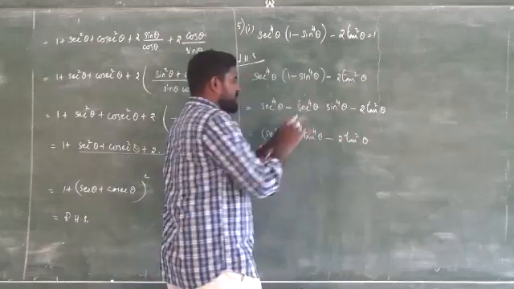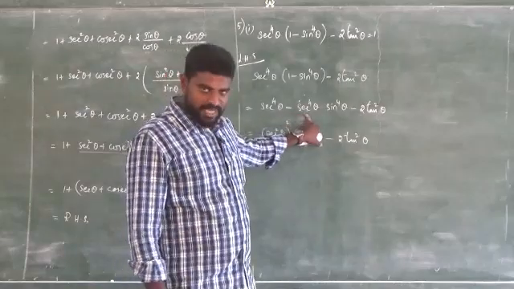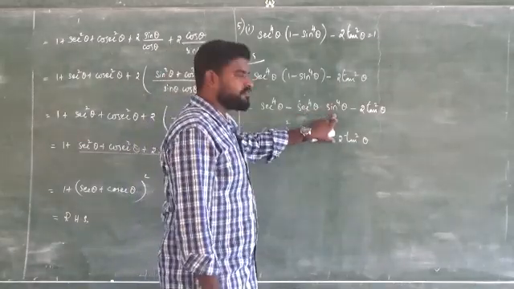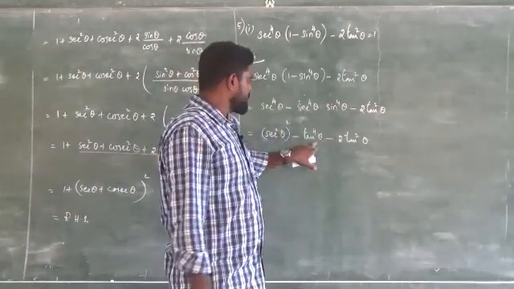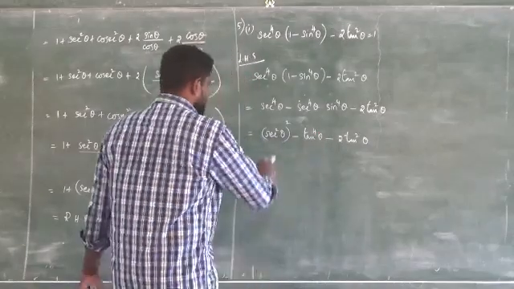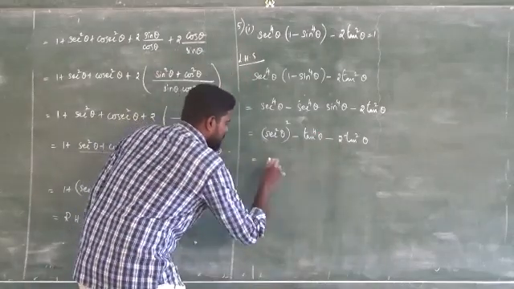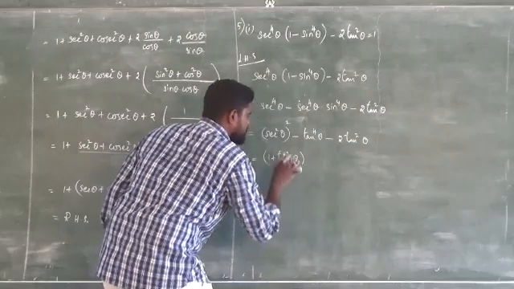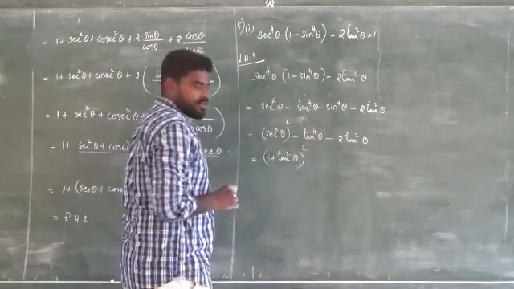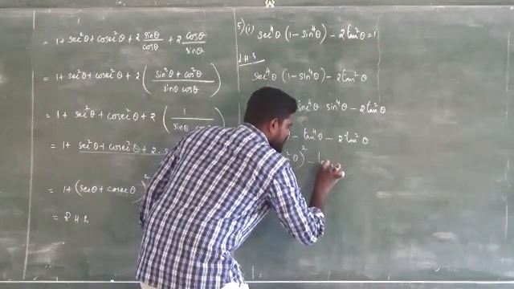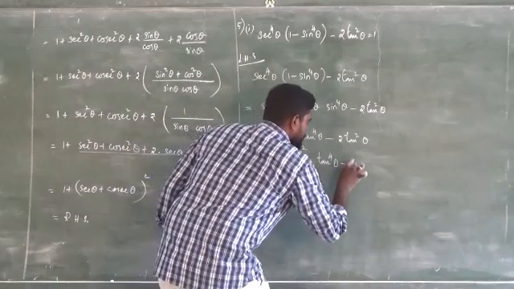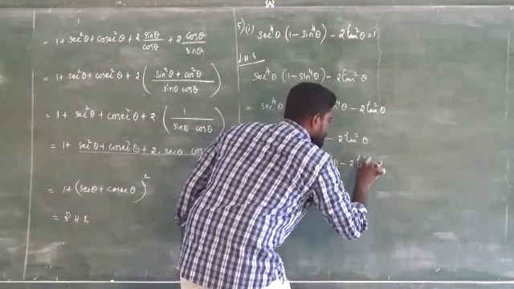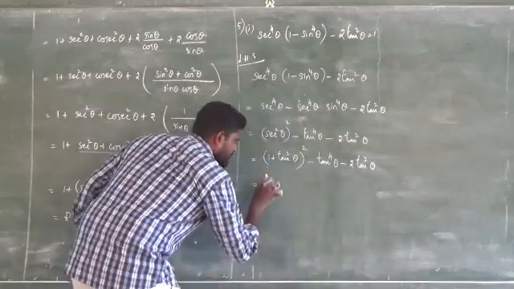So here secant power 4 can be written as 1 by cos power 4. So sin power 4 by cos power 4, it is tan power 4. Secant square theta, we know that secant square theta is 1 plus tan square theta. So 1 plus tan square theta, here we have square, minus tan power 4 theta minus 2 tan square theta. a plus b whole square.